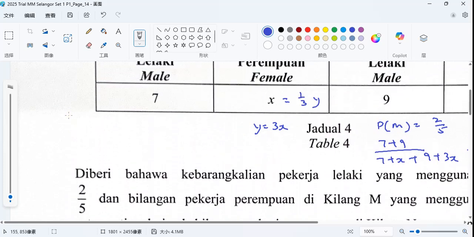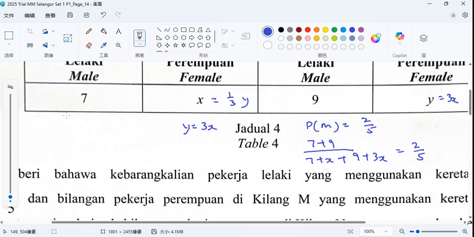Okay. So we can check the answer here. So this is 6 and this is 3 times 6, 18. So one third of 18 is 6. And then probability for male will be 7 plus 9 over 7 plus 6 plus 9 plus 18.